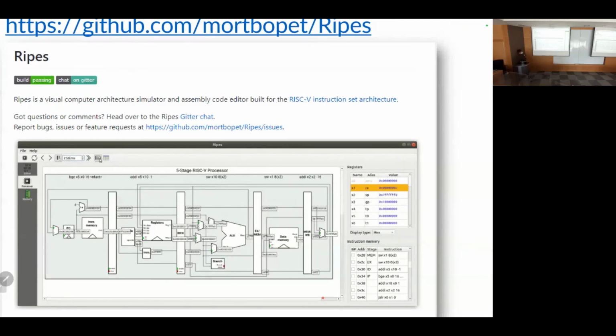So this is also software. I think this Ripes tool is a very good tool, because you can see the graphical behavior of how the instructions are fetched, decoded, and then executed in every stage.